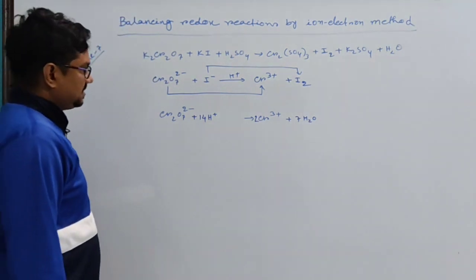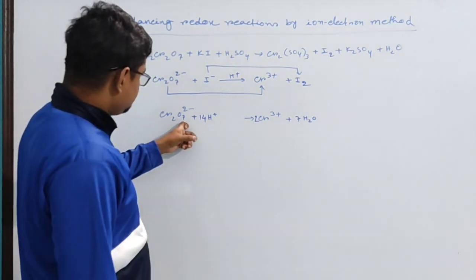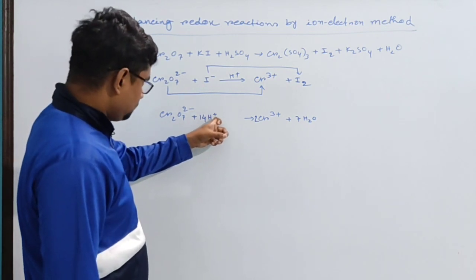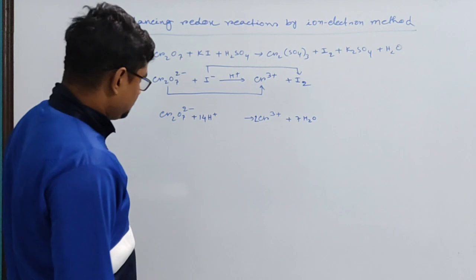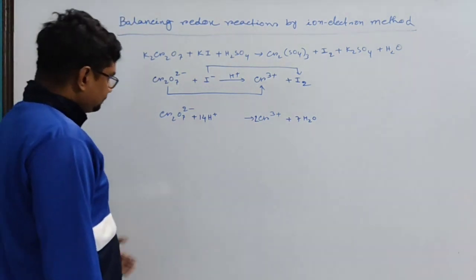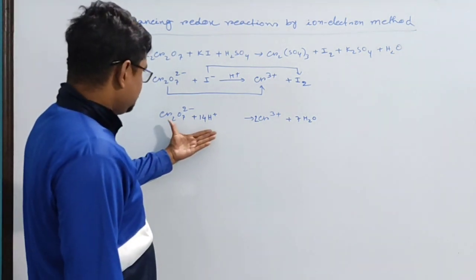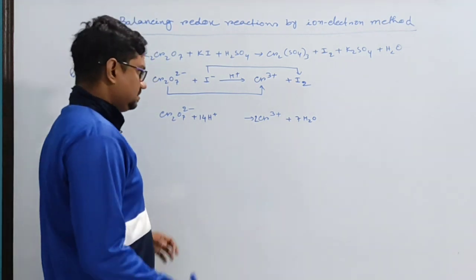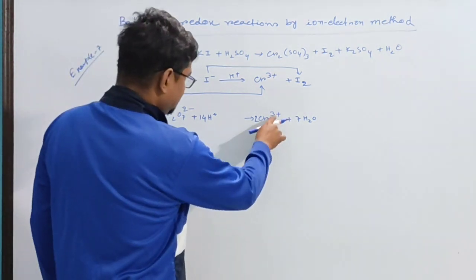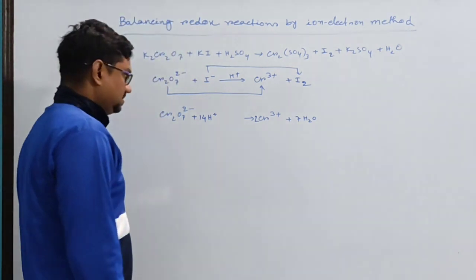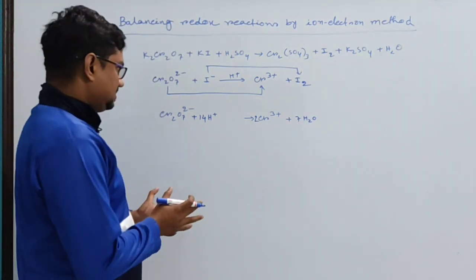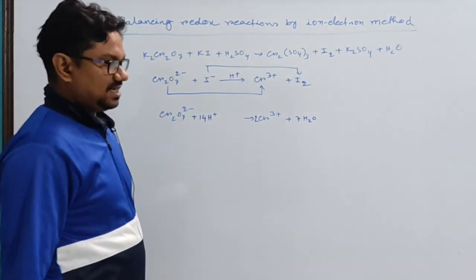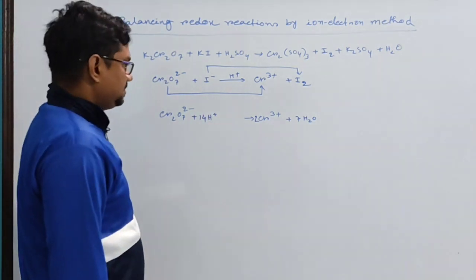So now look at the charge. Here 2 negative charge for the dichromate ion and 14 positive charge for the H plus ion. So overall there are 12 positive charge in the left hand side, but at the right hand side there are 6 positive charge. So resultant there are 6 extra positive charge at the left hand side.